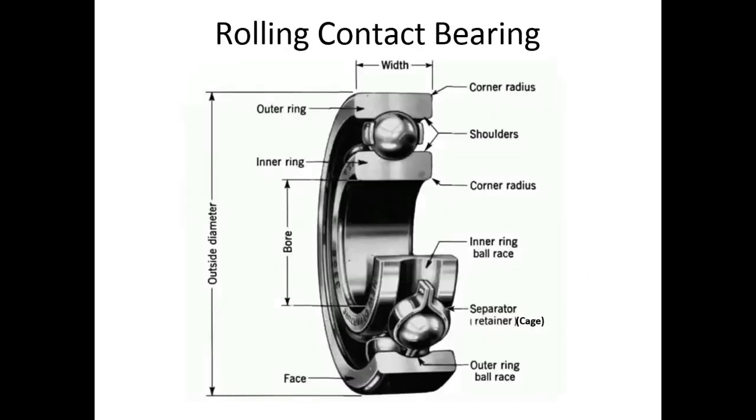The main parts of the rolling contact bearing are the balls, and the terminology includes the inner bore of the sleeve, outer bore of the sleeve, outer ring, ball diameter, inner face of ring, outer face of ring, and separators, which separate and contain the balls.